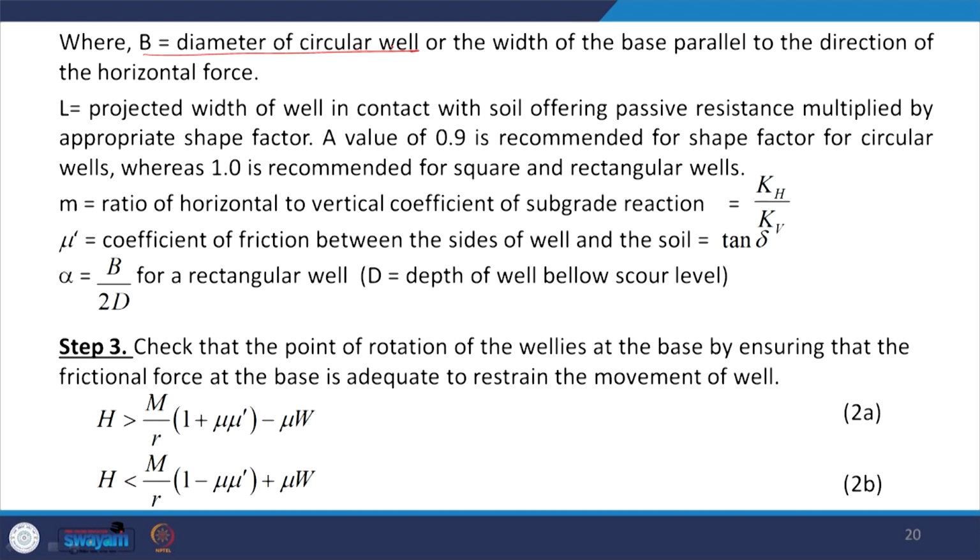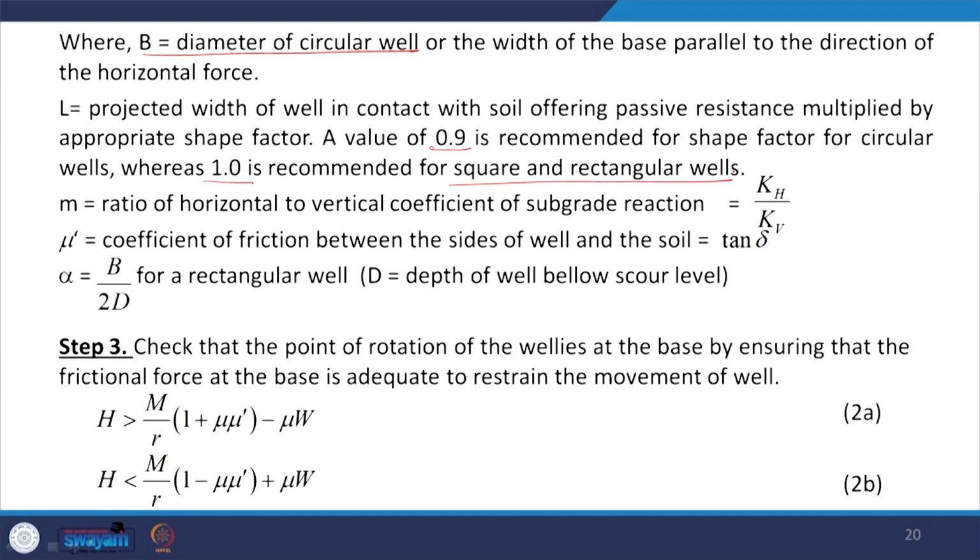A shape factor of 0.9 is recommended for circular wells, whereas 1 is recommended for square and rectangular wells. So, for square or rectangular wells L will be the projected width itself, while in the case of circular wells, multiply the diameter by 0.9 and you will get the value of L. So, for circular wells L is 0.9 times B, and otherwise for square and rectangular it will be B itself.